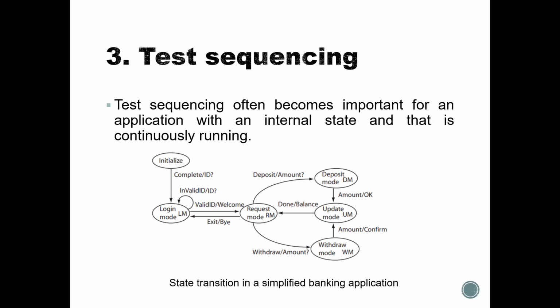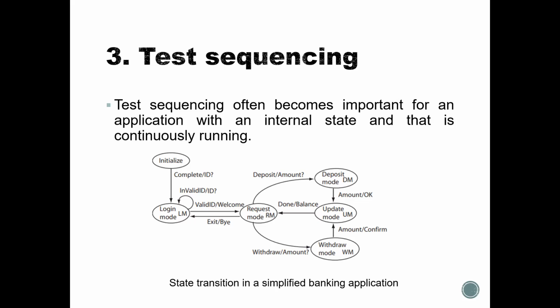Once the user enters the ID, it is going to validate, and if the ID is correct, it gives the user a welcome message and goes to the second state, which is request mode. However, if the ID is invalid, you are still on the login mode, and it again asks for the ID. So this is a simple banking application.